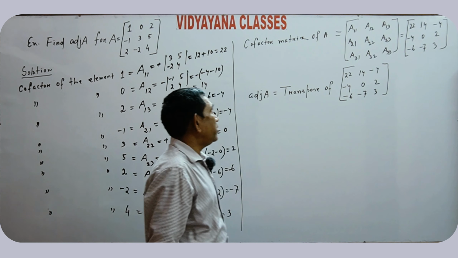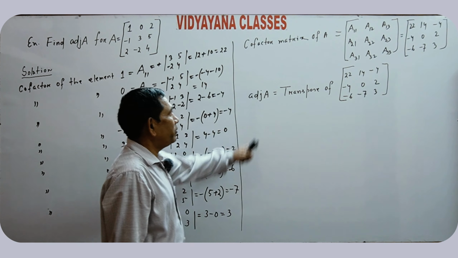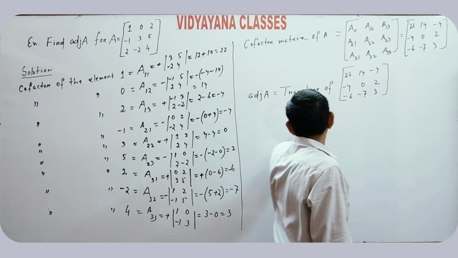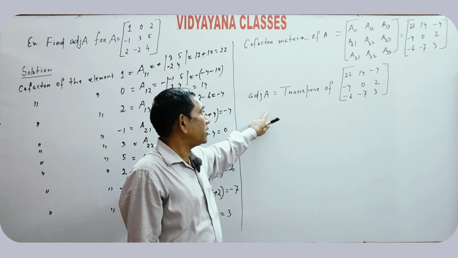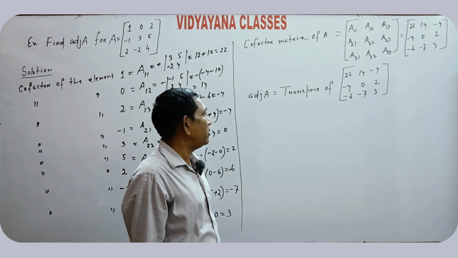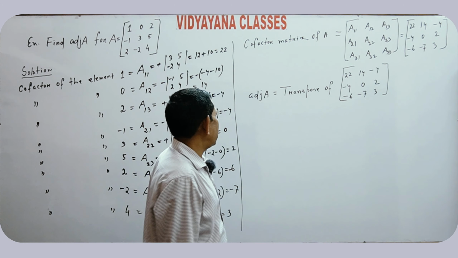Transpose of the cofactor matrix. Cofactor matrix of capital A is given by this. What is adjoint? Transpose of the cofactor matrix is called adjoint matrix.